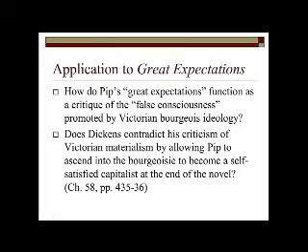And many Marxist critics feel that for a novel like Great Expectations, that is so deeply critical of the dehumanizing effects of bourgeois values and Victorian materialism, for Dickens to allow Pip to ascend into the bourgeoisie at the end of the novel is a contradiction of that powerful social criticism.